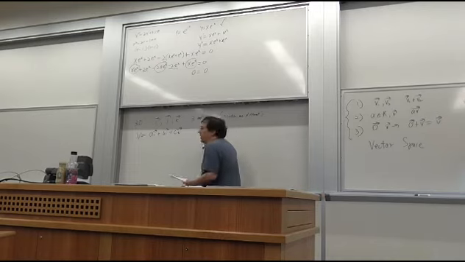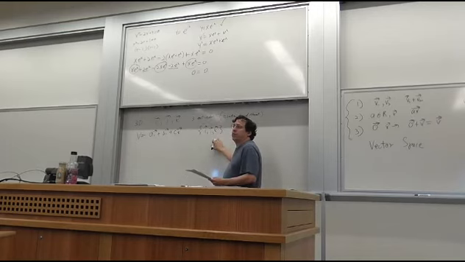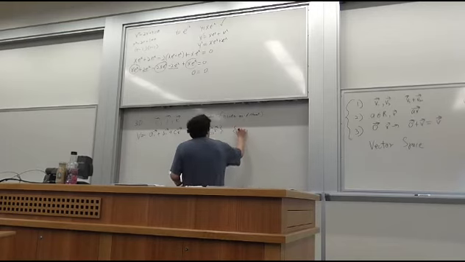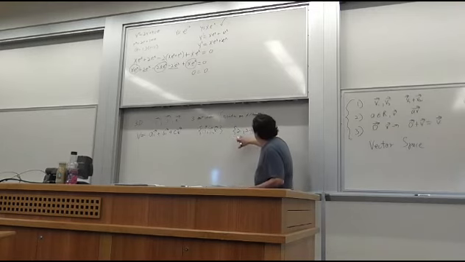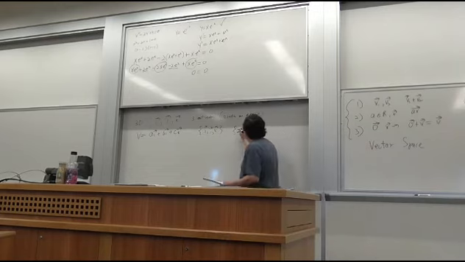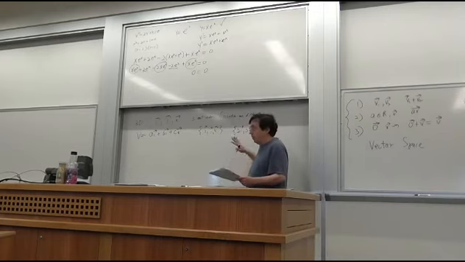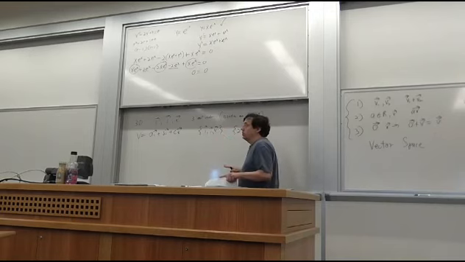And this is not a unique set. For example, I could say 2i, 2j, and 2k. And these don't even have to necessarily be in the same direction. They can't be a linear combination of each other, but it's not unique.